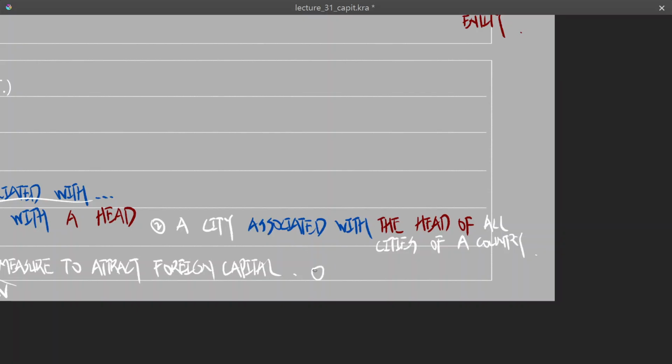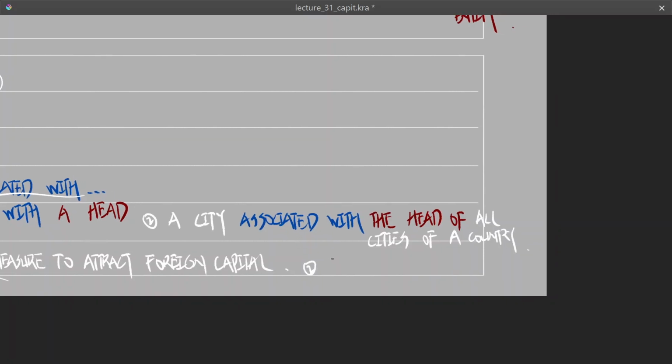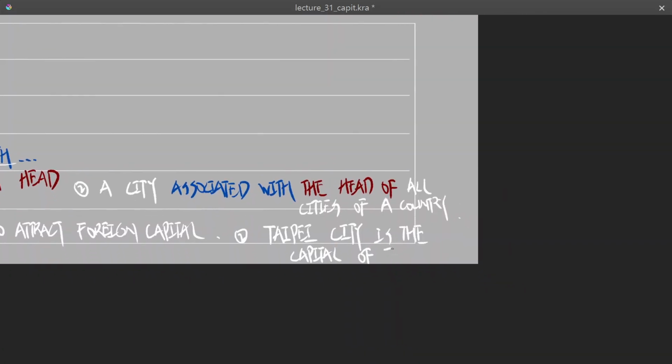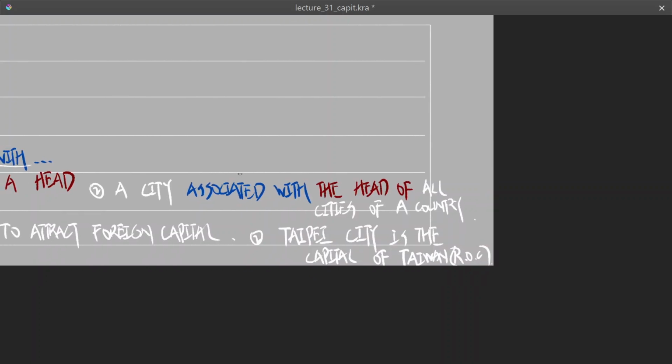Or for example, we could say Taipei City is the capital of the Republic of China, known as Taiwan. Alright. Taipei City is the capital of Taiwan, Republic of China.